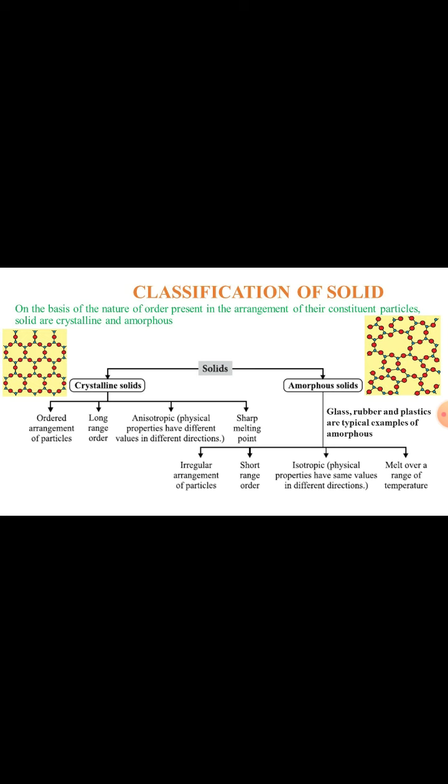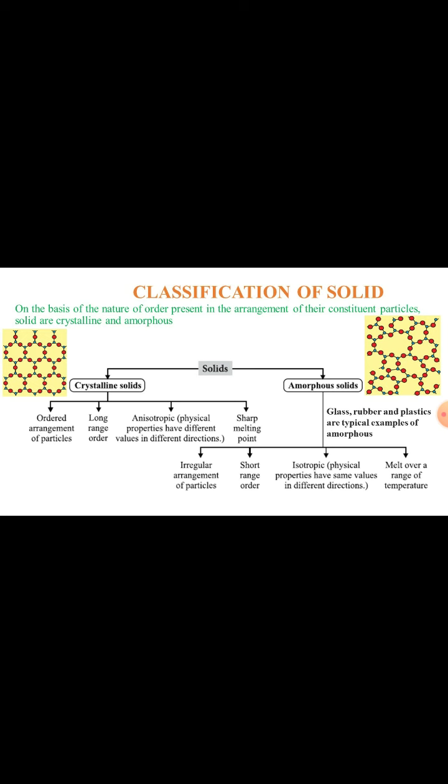Your left side shows the crystalline solid and right side shows the amorphous solid, and focus on the arrangement of particles. In crystalline solids the particles are arranged in a regular way, and in amorphous solids the particles are arranged in an irregular way. That is the basic difference between crystalline solid and amorphous solid.